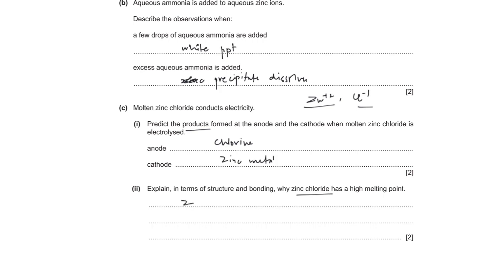Okay, so you will write zinc chloride. How do you know it is ionic? Because it is made up of metal and non-metal.